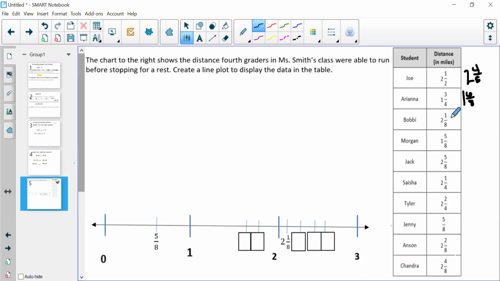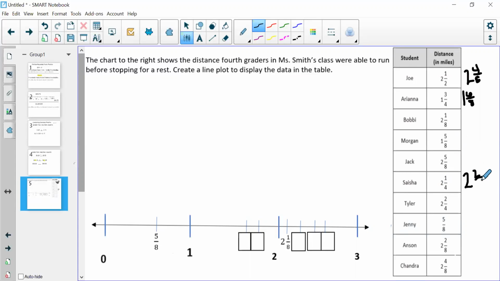So Bobby ran 2 1/8. It's already eighths, so we don't need to do anything. Morgan ran 1 5/8. We don't need to do anything because it's already in eighths. Jack ran 2 5/8. Again, we can leave it because it's already in eighths. Saisha ran 2 1/4, which is the same as 2 2/8.